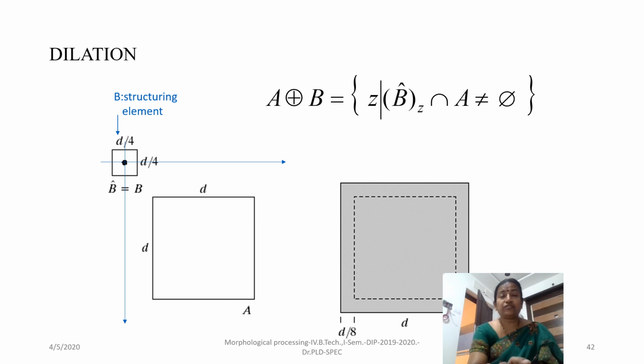Because of the dilation operation, the input image gets enlarged. The extended portion is D by 4 divided by 2, which is D by 8, extended on all sides of the input image. This is the dilation of input image A with the structuring element.